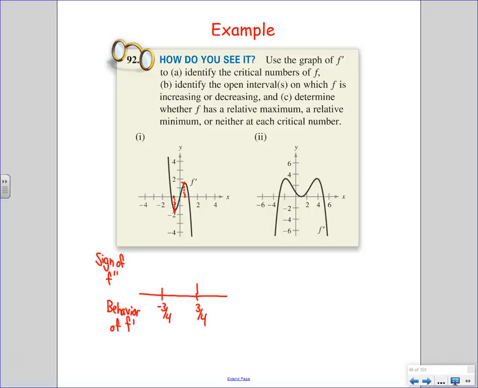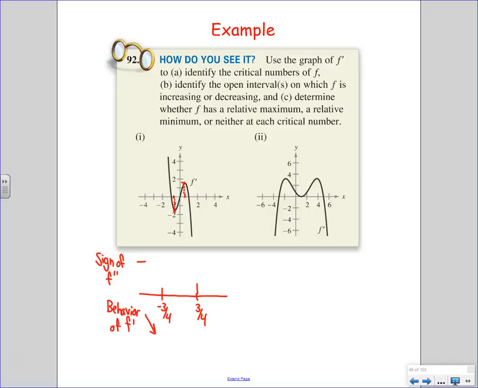What is F prime doing before negative 3/4? It's decreasing. So since it's decreasing, what can I say about F double prime? It's less than zero, negative, right?